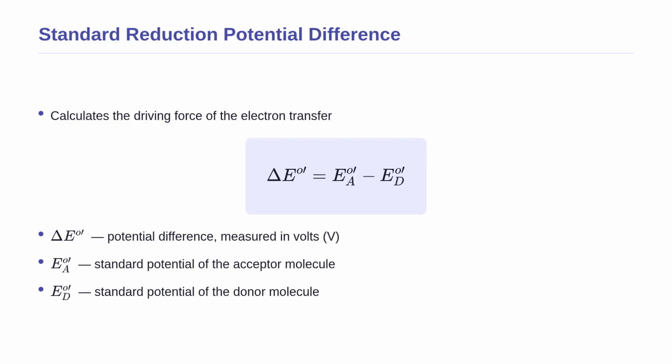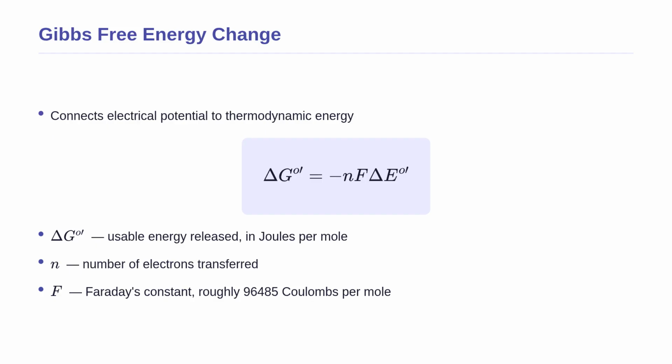This brings us to our second formula, which is one of the most important equations in biochemistry. It connects the electrical potential we just discussed to the actual thermodynamic energy available to do cellular work. The symbol delta G naught prime represents the standard Gibbs free energy change, telling us how much usable energy is released or consumed.